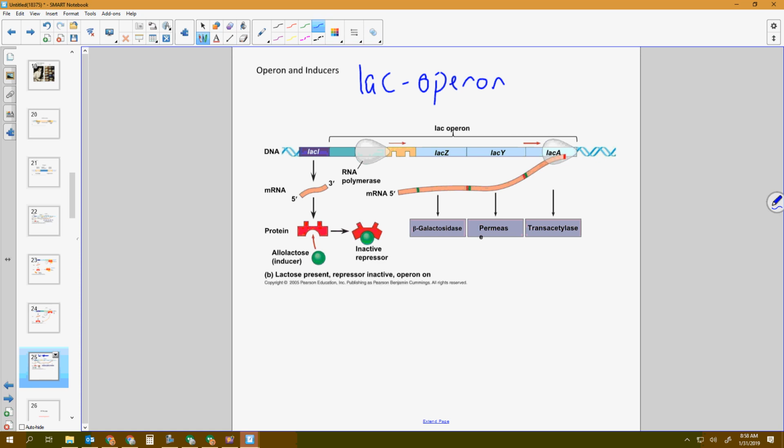And so in this case, lactose becomes the inducer. Lactose binds the repressor, causes that repressor to lift off. RNA polymerase binds the promoter, creates the protein that breaks down lactose. Lactose is broken down until the last piece of lactose, the inducer, is broken down, thus causing the repressor to bind back to the promoter, thus causing that gene to no longer be expressed.